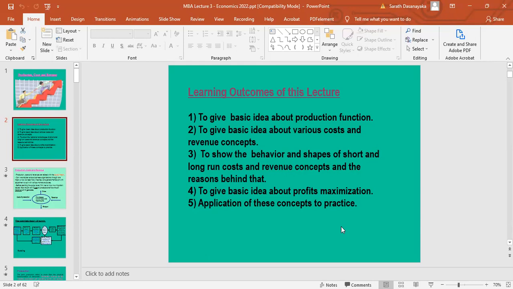Then how the cost curves start, how they move and how they end. Whenever your production goes up, what happens to the various types of costs: how the total cost, average cost and marginal cost behave. Third, to show the behavior and shape of the short run and long run cost and revenue concepts, and the reasons behind them: why the cost curve has a different shape, increasing and finally decreasing.